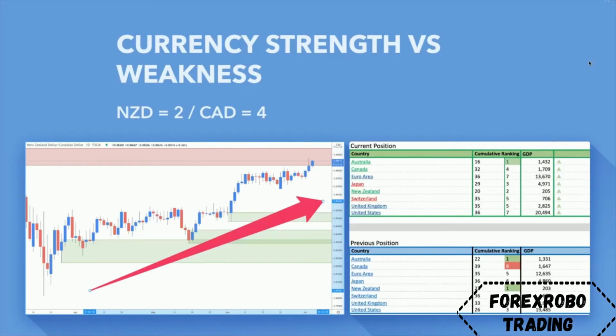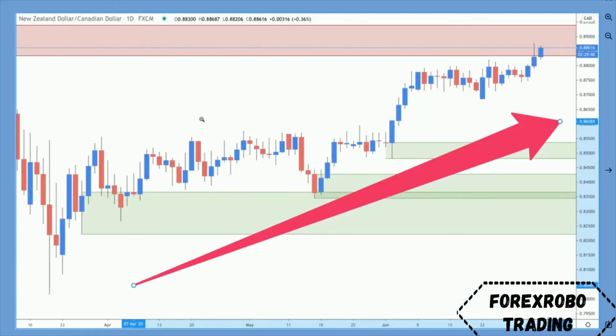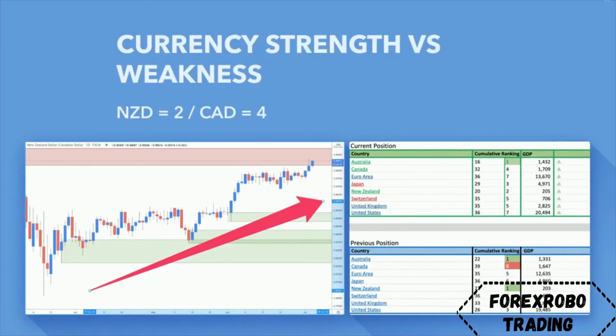So you would think that the New Zealand dollar would do what? Increase in value against the Canadian dollar in an exchange rate. And what have we seen since mid-April? We've seen a nice uptrend, because New Zealand dollar is number 2, Canadian dollar number 4.